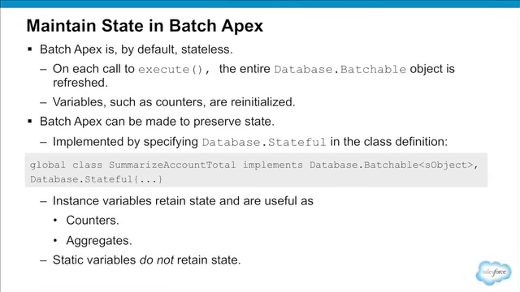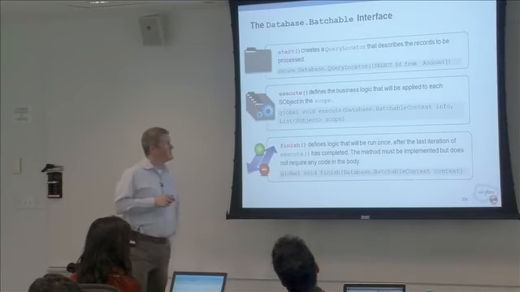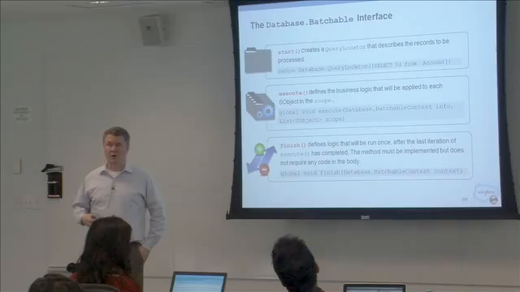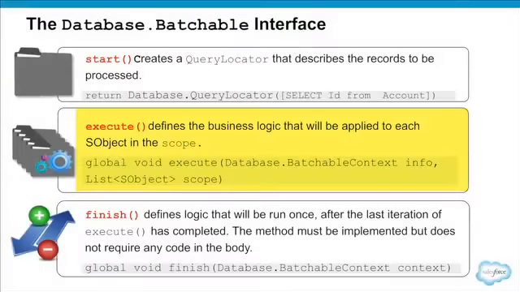Static variables will not. So jumping back to here, the execute method is going to be called multiple times during the running of a batch job. And each call to execute is a separate transaction. Therefore, how do I share data?